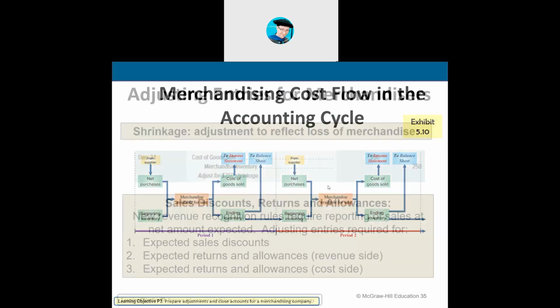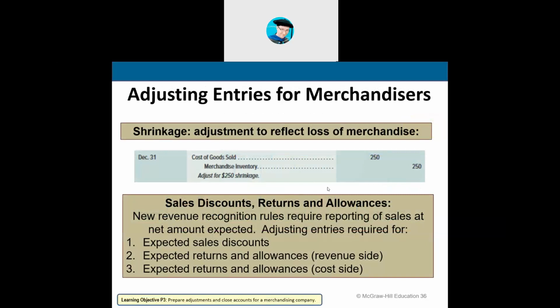When we make our adjusting entries, we adjust for various things that happen. One of those things could be theft. Theft happens. Unfortunately, that's part of life. You run a retail business, somebody steals your stuff. You still have to account for what was stolen, because you shouldn't carry inventory that you don't have because somebody stole it.